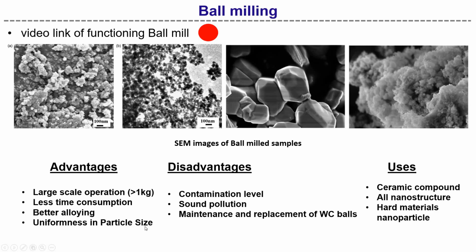There is uniformness in the particle size, but not in the particle shape. So there is one limitation of this method: we cannot have shape modulation, although we have very good size modulation.